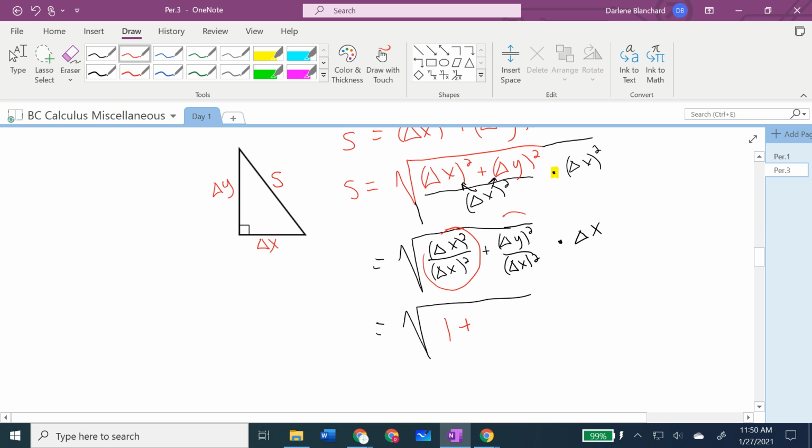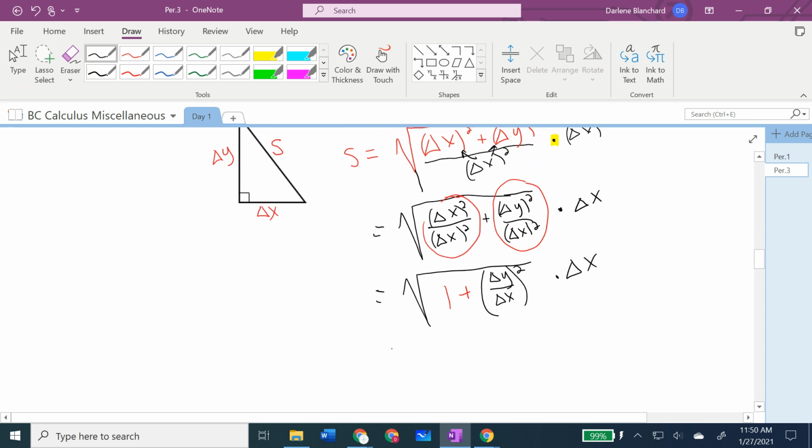And then plus, and take a good look at what that is. And I'm going to write it as delta y over delta x quantity squared. And does delta y over delta x ring a bell? Yep. It is the derivative of y with respect to x.